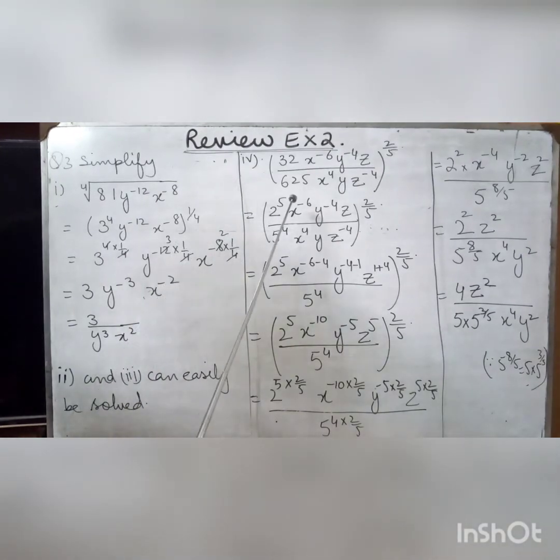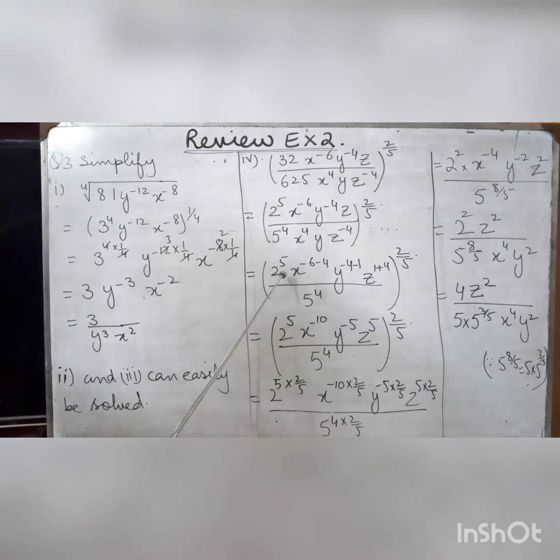Part 4. 32 x raised to power minus 6 y raised to power minus 4 z over 625 x raised to power 4 y z raised to power minus 4 with exponent 2 over 5. 32 can be written as 2 raised to power 5, x raised to power minus 6 y raised to power minus 4 z over 625 can be written as 5 raised to power 4, x raised to power 4 y z raised to power minus 4 with exponent 2 over 5.